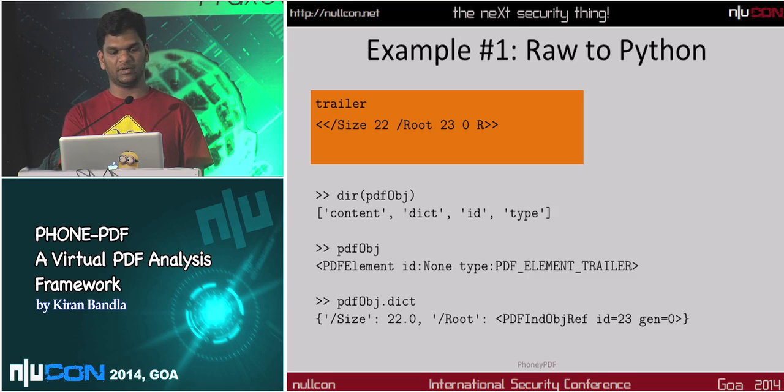It's a trailer, and it has a bunch of key-value pairs. The size is 22, and the root object is object ID 23. Once the parser consumes this whole thing, you can see down below on these other three lines that it's converted to a Python-style object, and you can do interesting things with it. If you say pdf object dict, it'll show you the whole key-value pairs in Python style, and you can work on it and build interesting tools.